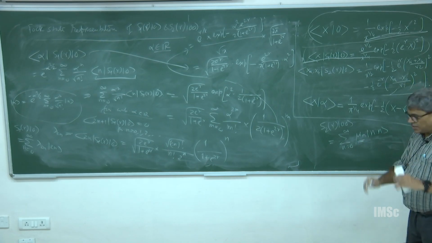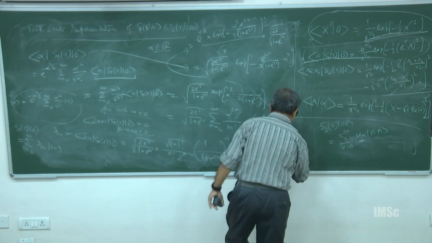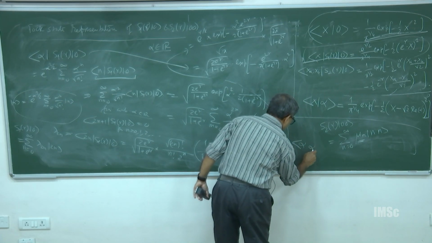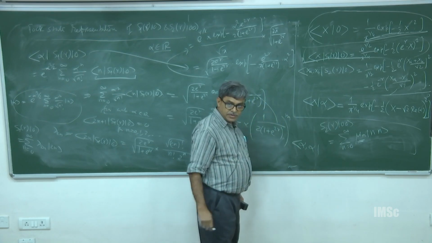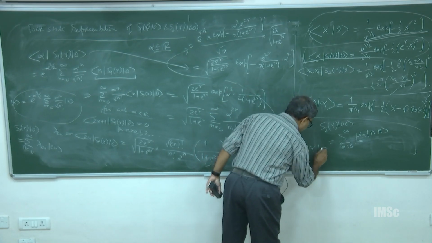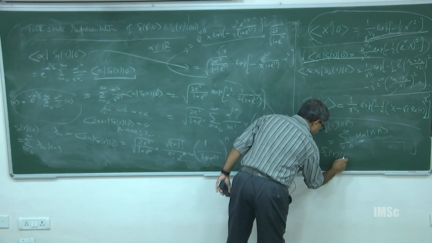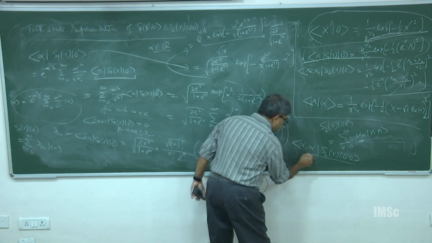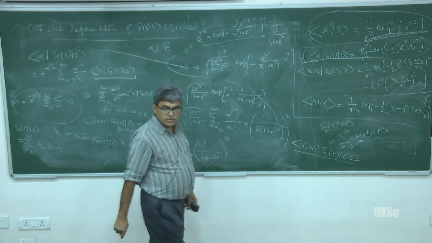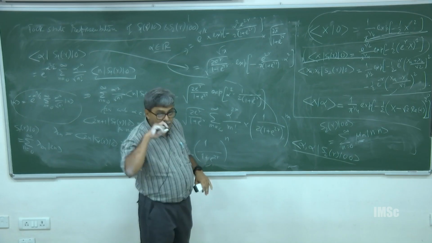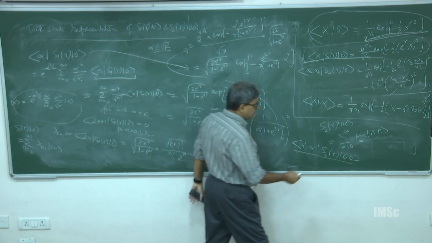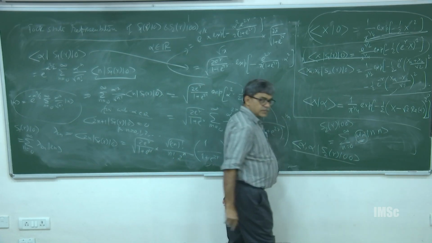Do the similar method. Basically you take the tensor product of two coherent states for real alpha, the same coherent state, and take the overlap with your 2 mode squeezed vacuum state, and use these results and do the same procedure, and you can figure out what these moments are.